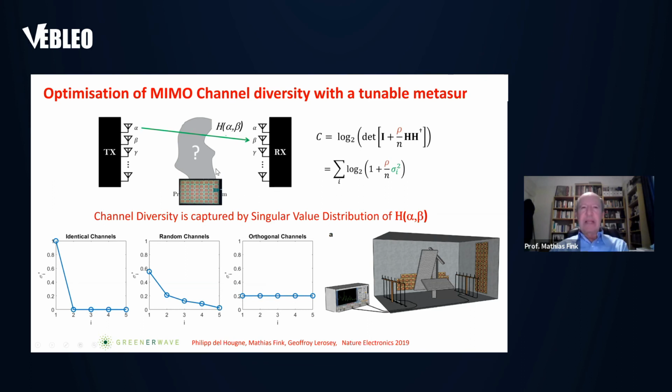If I have a completely random room, my singular value decomposition gives a big channel with smaller channels. It's not perfect, but it gives many channels. But what I prefer is to have equal channels.